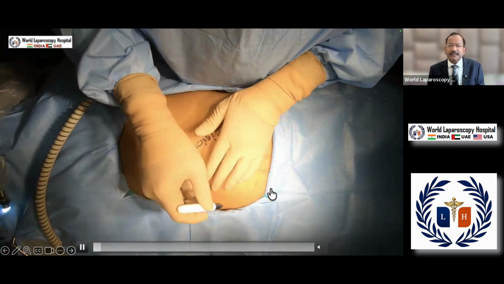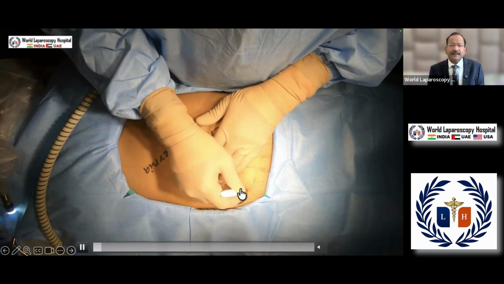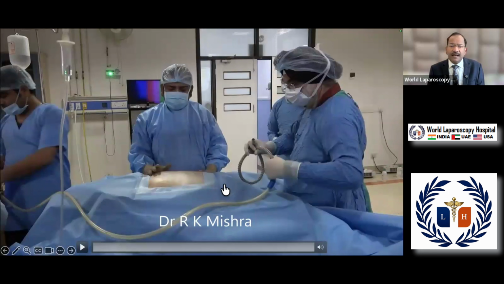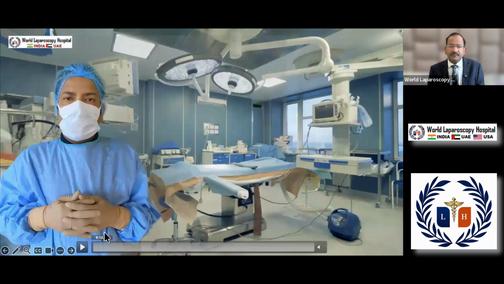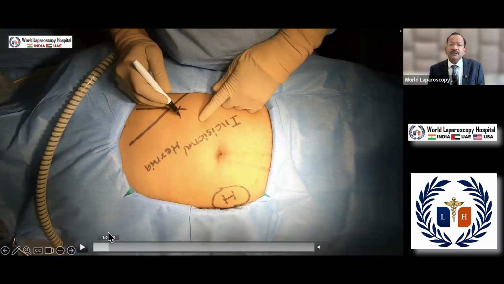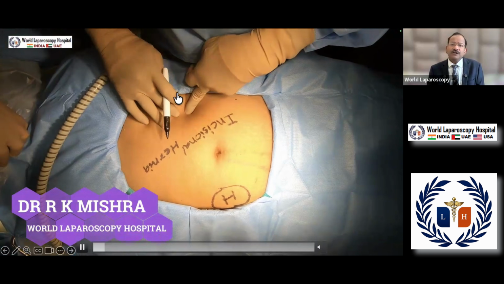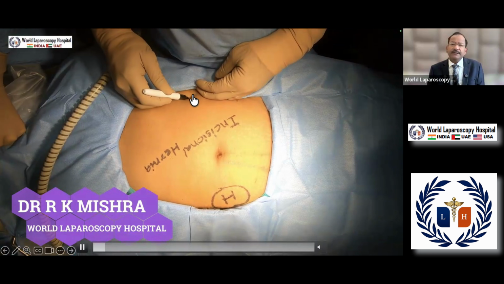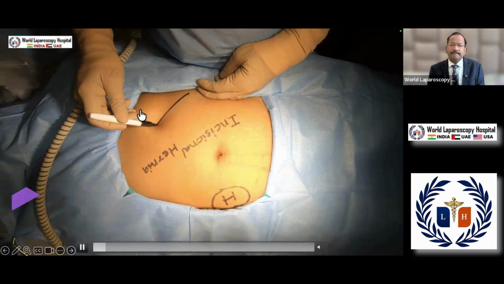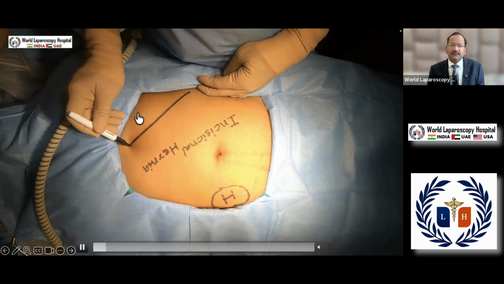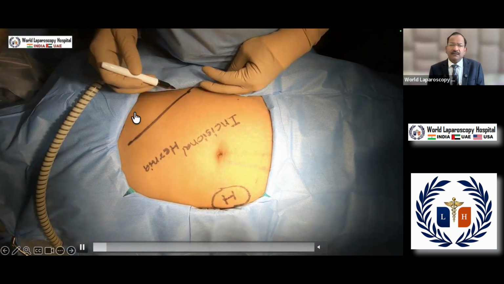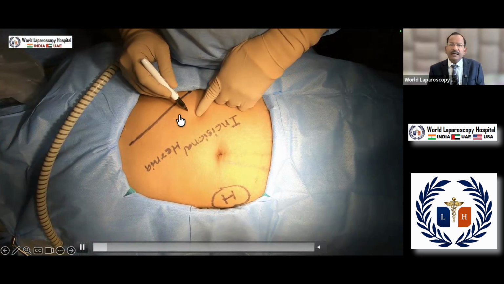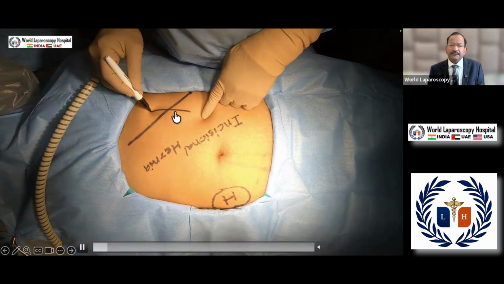So, here this is an incisional hernia in this patient, there is a hernia here, and we will see here how to put the port if there is a hernia. This is the costal margin, and this is the mid-clavicular line.